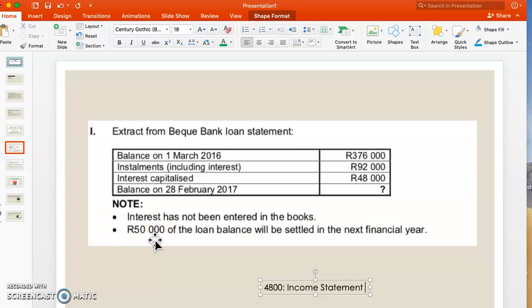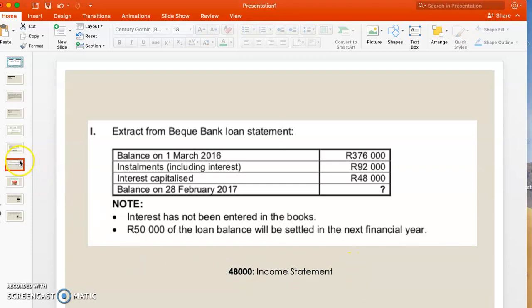It means that you will pay it within 12 months, but more on that next week. For now, income statement, here is your amount: 48,000. We're going to do one more and then we're going to move on to rent adjustments.